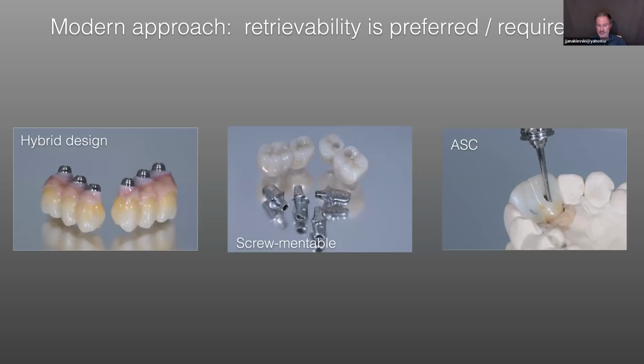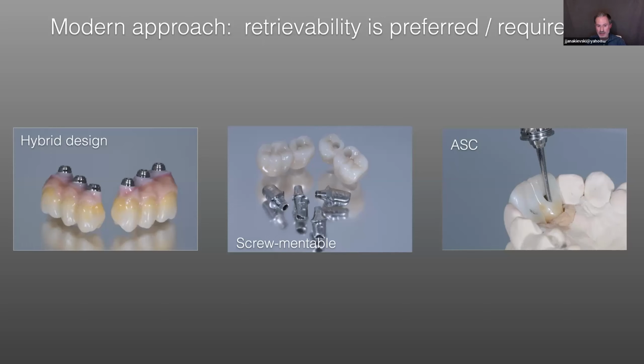Given our knowledge and experience with retreatments and reparative treatments for different implant solutions, we have hybrid designs, which have a component on the prosthesis that replaces the missing ridge and soft tissue. We have these screw-mentable type designs, which allow us to use CAD/CAM fabricated abutments.